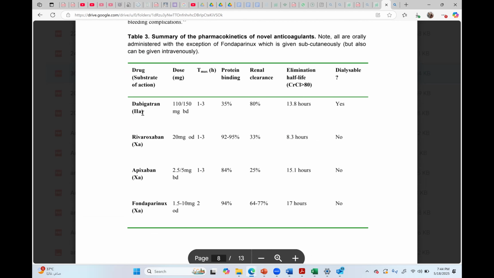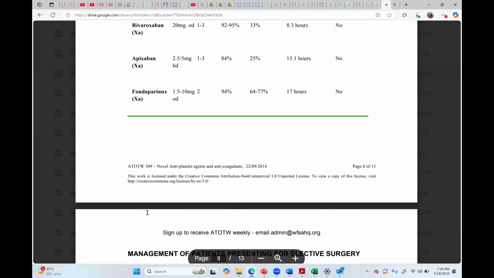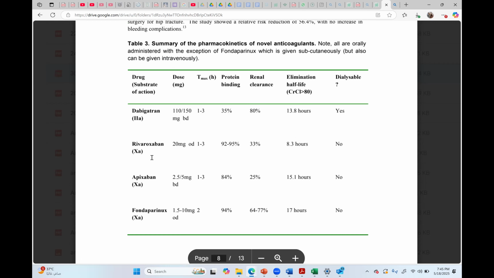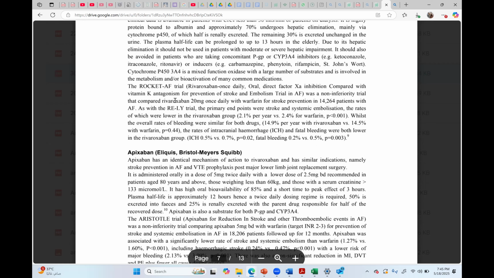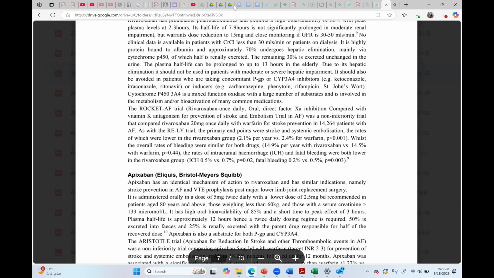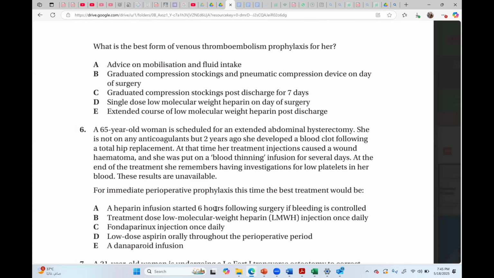You see here they are written. So dabigatran is factor 2A, rivaroxaban is 10A, also 10A, 10A, and then there will be direct thrombin inhibitor, that is dabigatran, and even this danaparoid, as we read here.